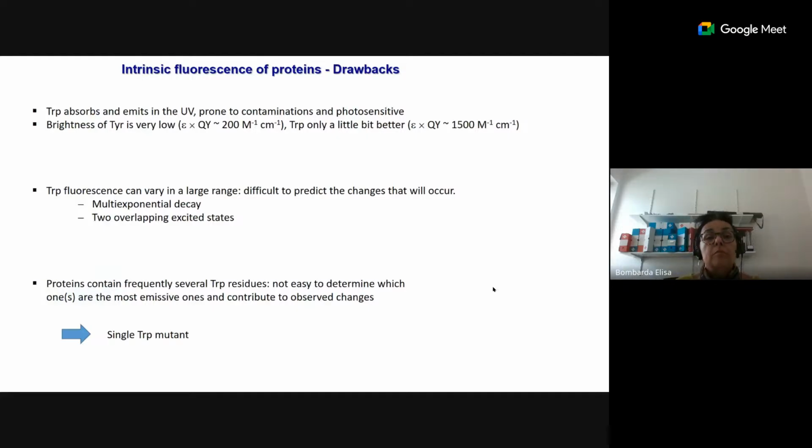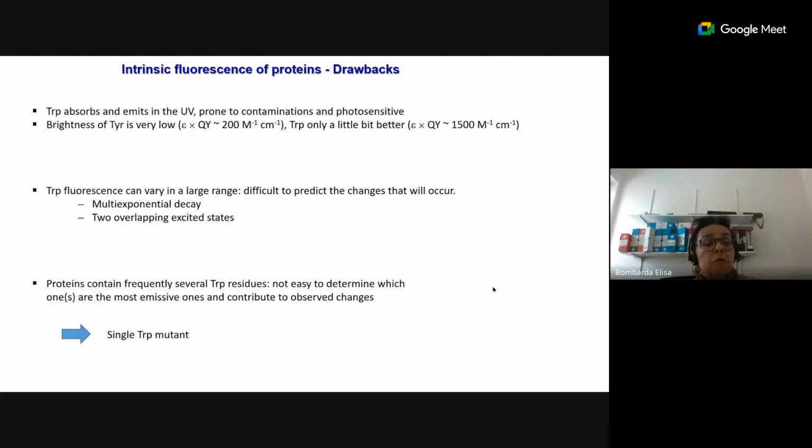Okay, so intrinsic fluorescence seems actually quite good, because we have the feeling that we change very little, or maybe not at all, our system. But it has some drawbacks. Tryptophan absorbs and emits in the UV and is prone to contamination and is photosensitive.